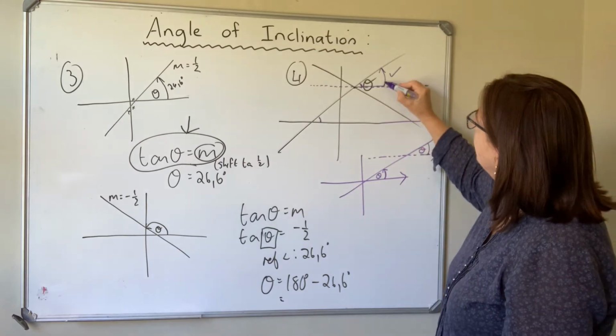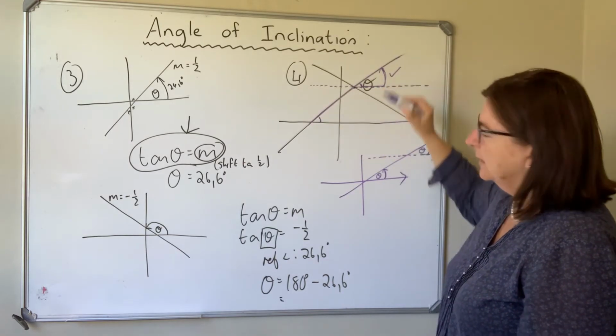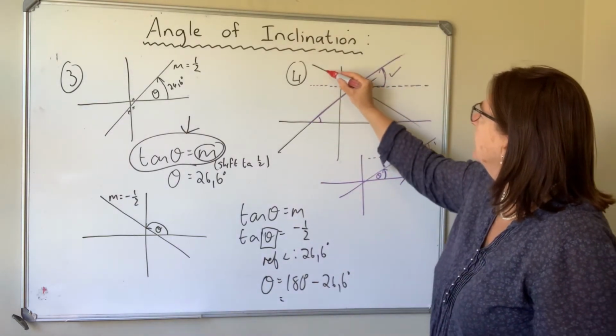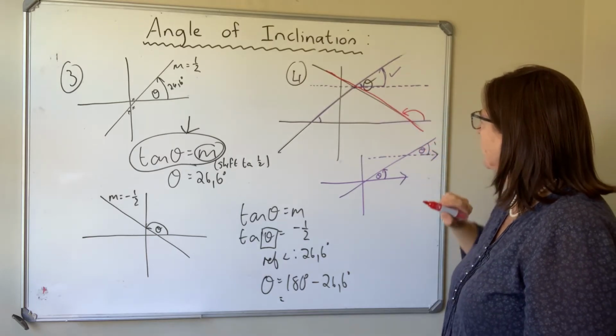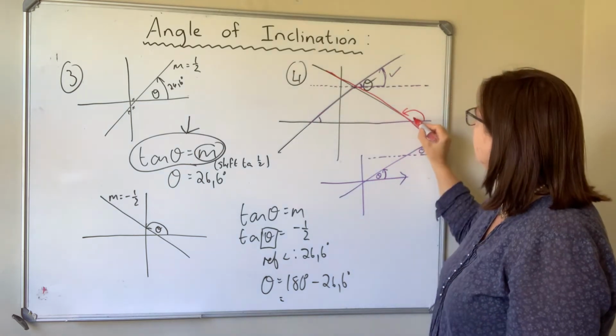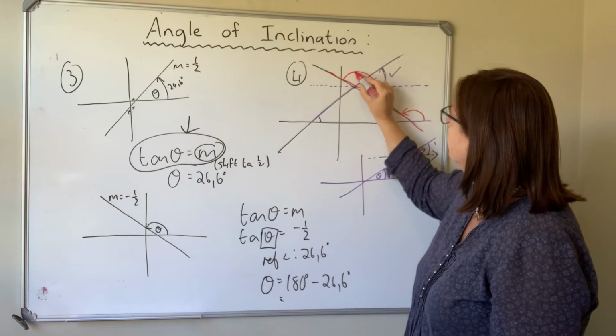So we found that angle that's dealing with that line here. But we have a second line in this question here. We have this line here. So we could also find that angle there, because that would be an angle of inclination. So if we can find that angle there, we can also find, it would be the same as that angle there, not so?